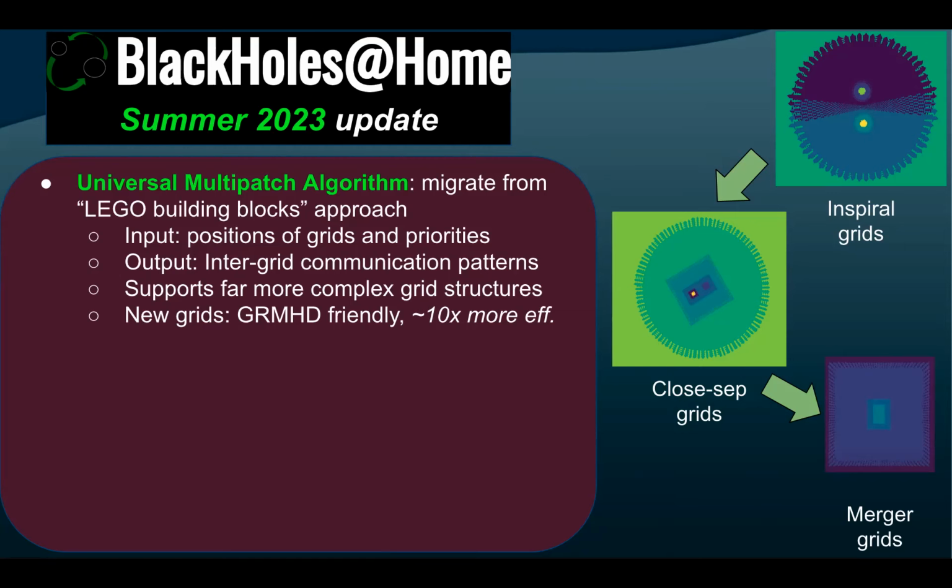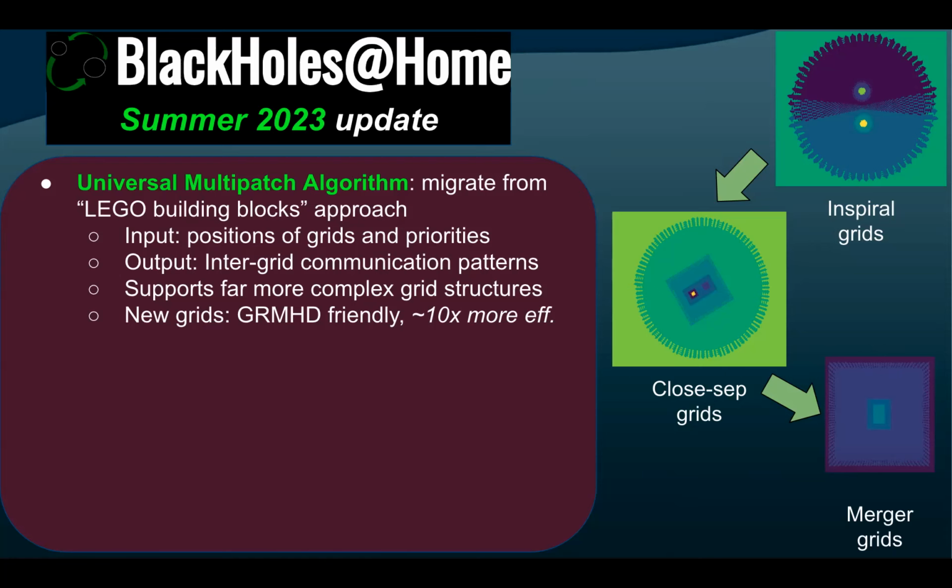This approach supports far more complicated grid structures. I have been successful. That grid that you just saw on the previous slide, the communication patterns have been successfully set up. So I'm very excited about that. And here's how my development works, right? BlackHoles at Home is developed upon the NRPy infrastructure.